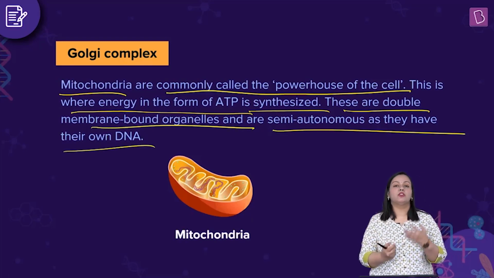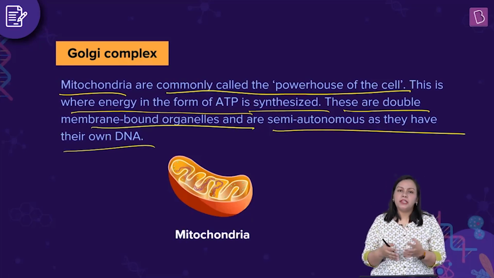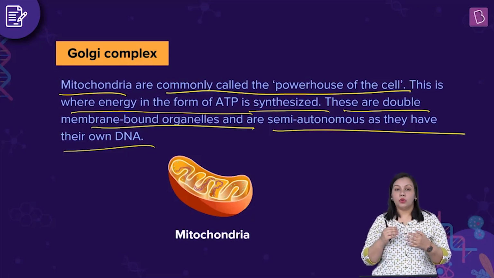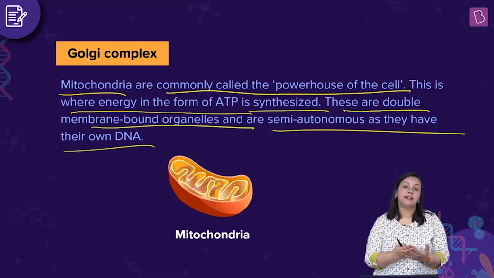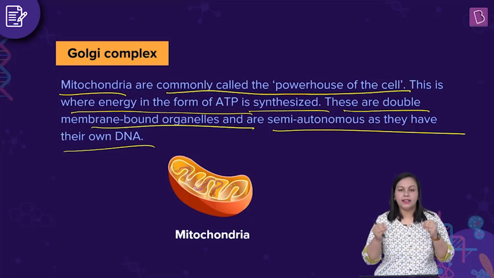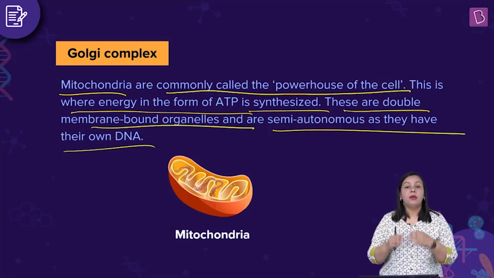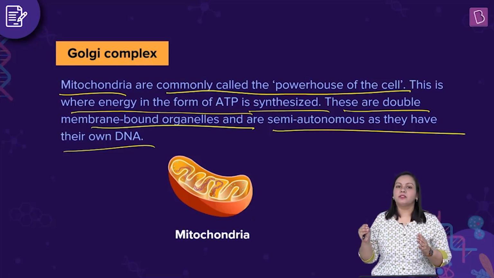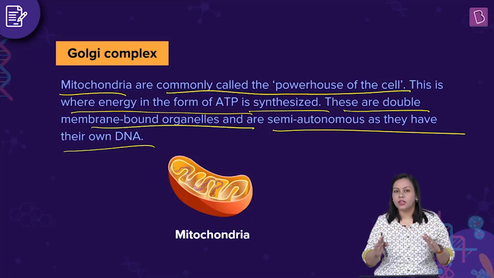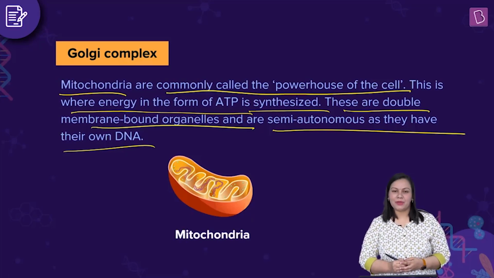So when we say semi-autonomous, it basically means that this organelle is capable of carrying out quite a lot of functions by itself and carrying out its own division also. Because it has its own DNA, it has its own ribosomes. So to quite a large extent, it is capable of existing by itself, but it is still dependent on certain cellular machinery. That is why we call it semi-autonomous and not completely autonomous. So I hope you all have understood this question very well.